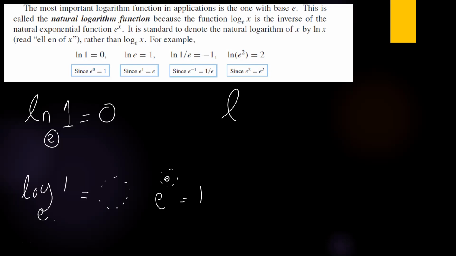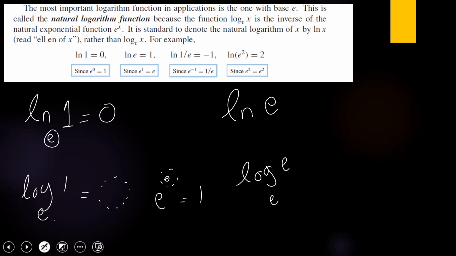Now let's find ln of e. It is like logarithm base e of e. What is the logarithm base e of e? As we said yesterday, they cancel each other, so it is 1. It is not exactly cancelling, but it seems so, because e to the power 1 is e. So ln of e is 1.